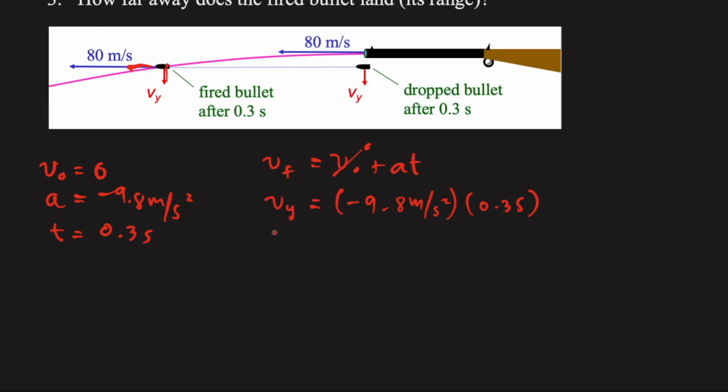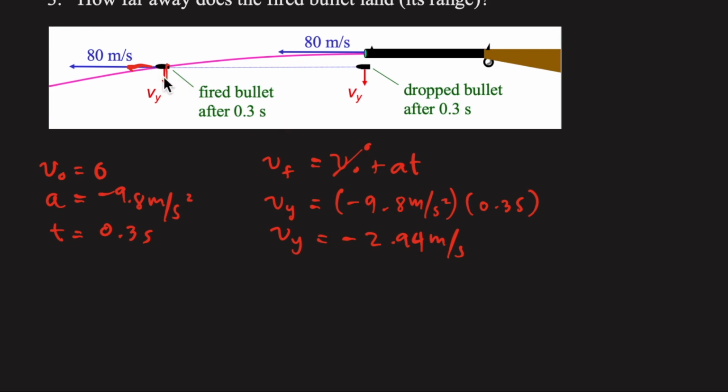Therefore Vy is equal to negative 2.94 meters per second. The negative sign indicates that it's moving downwards. This Vy is the velocity of the bullet that is dropped after 0.3 seconds. At the same time, it's the y component of the velocity of the bullet that is fired after 0.3 seconds.